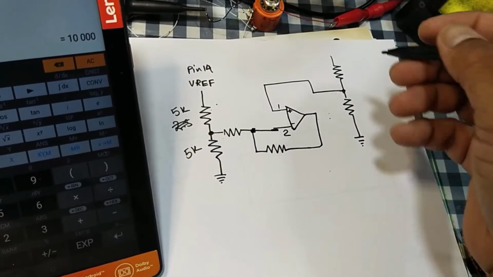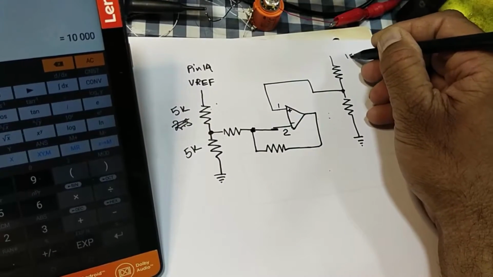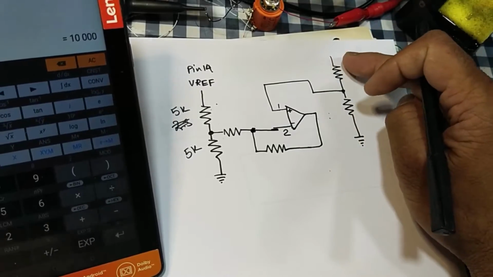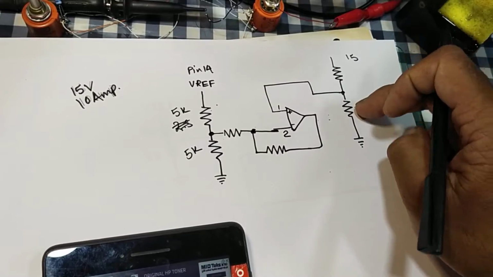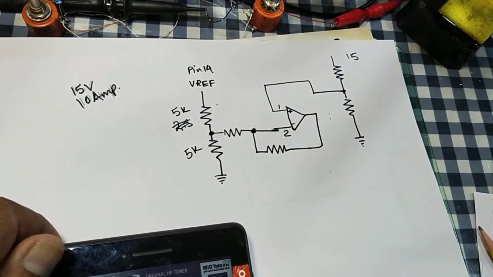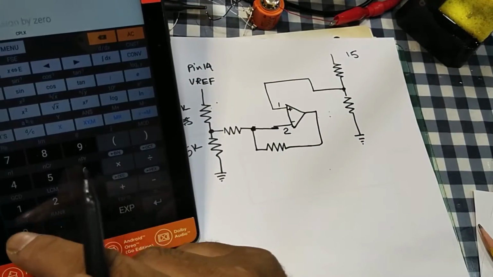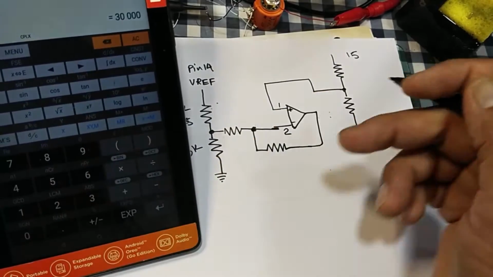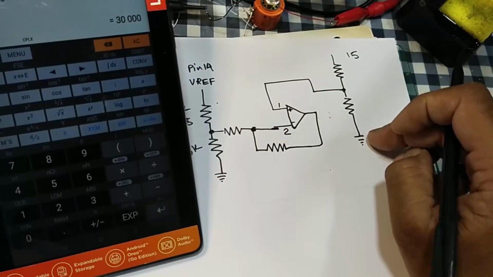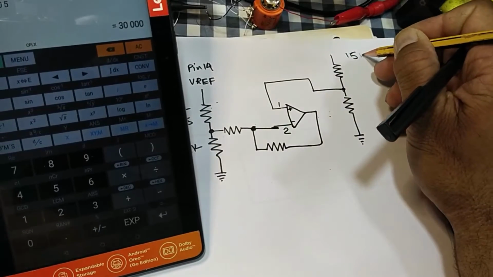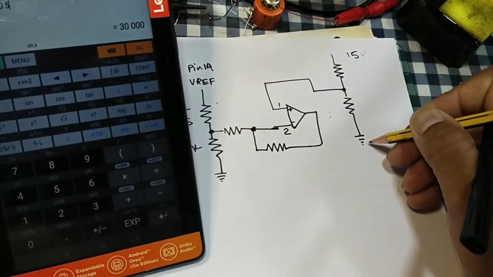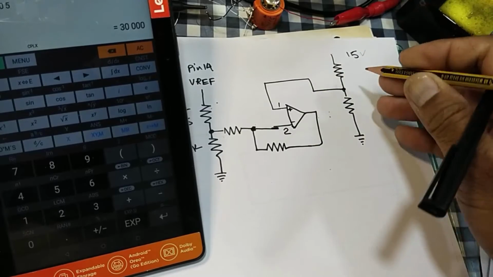Now if I need 15 volt in the output section, and this pin is connected at the output terminal to sense the voltage, 15 volt divided by 0.0005, so we need a 30 kilo ohm total resistance, this resistor and this resistor.